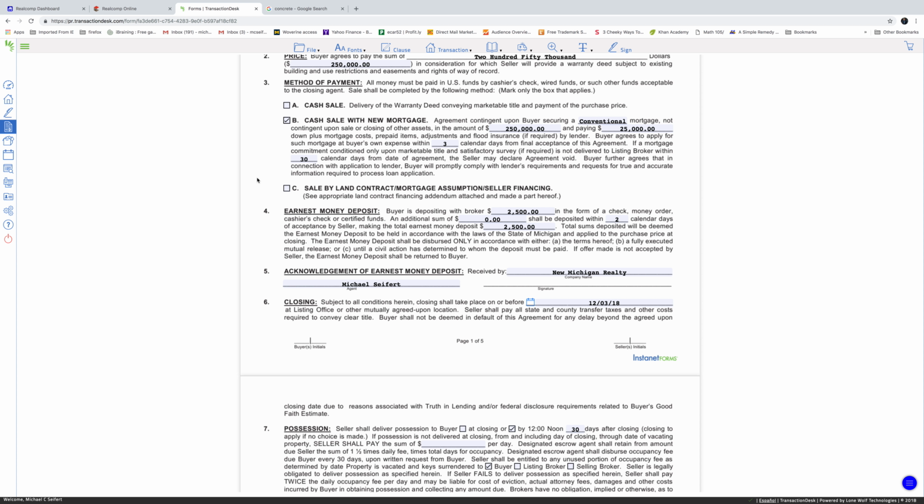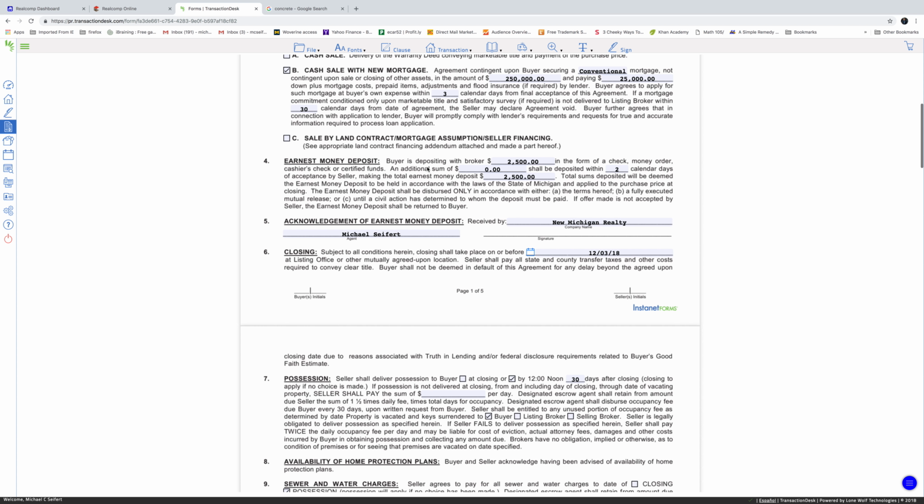Our company typically uses the bottom line signature, and I will explain more details about the bottom line signature when we get to page 5. So that's where 30 days is going to come in, from when the seller accepts your agreement. There's going to be 30 days from a certain day to close.